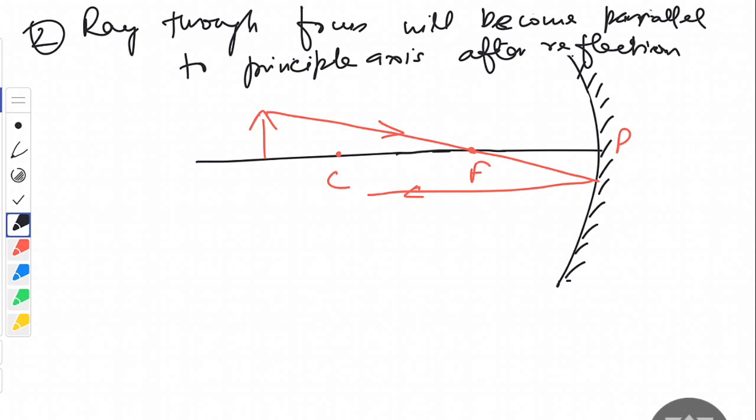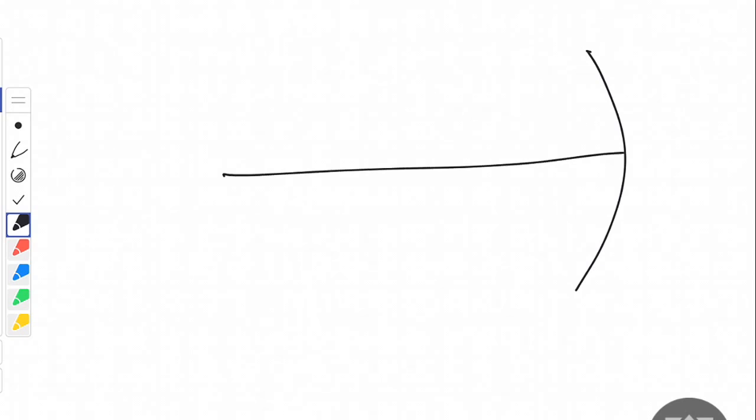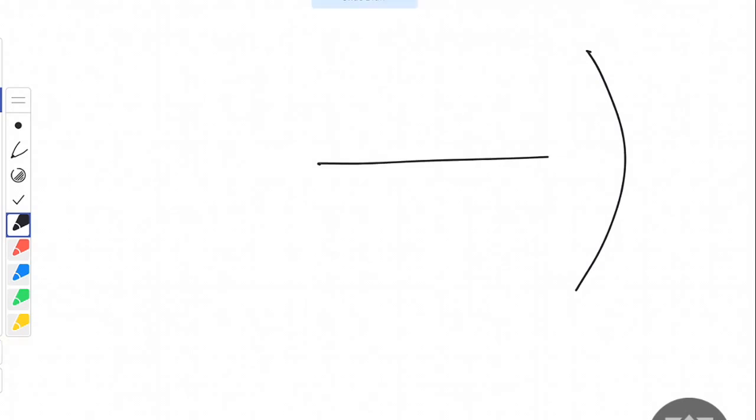Now we have looked at the second scenario also. Now let's go to a third scenario. I'll again take a concave mirror, I'll draw a line as usual. This is the pole, this is say the center of curvature, middle point, this is the focus, and I have my object here.